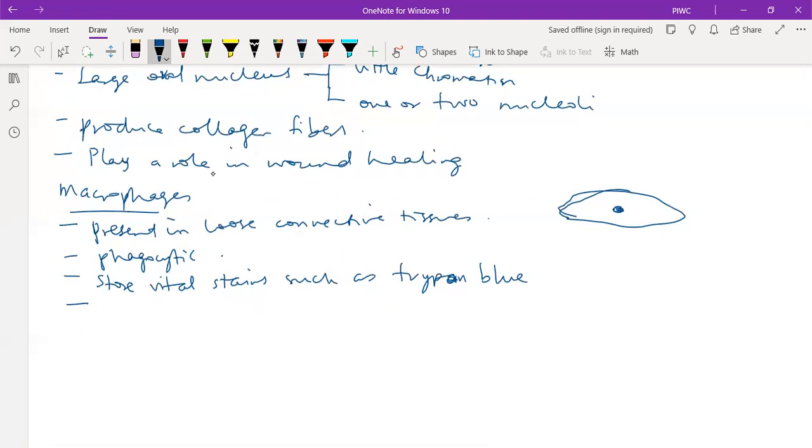The main function of macrophages is to clear the site of infection, because they are phagocytic. They help to fight off infection.